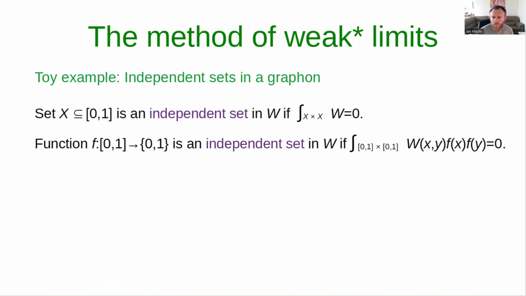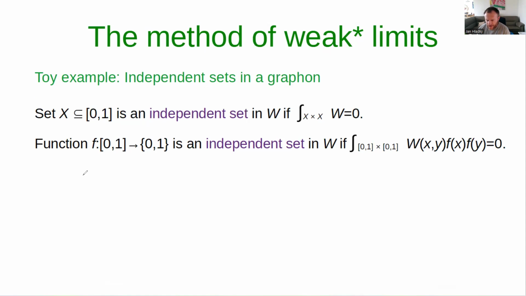So instead of talking about sets, it turns out to be useful to talk about their indicator sets. From now on, an independent set will be just a function, which is the indicator function of the genuine independent set.